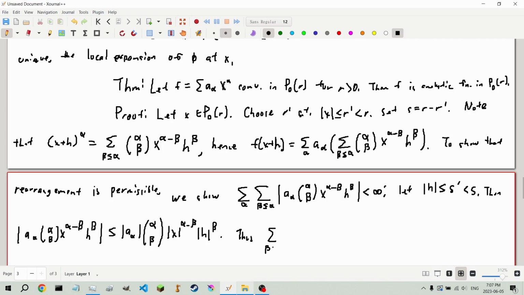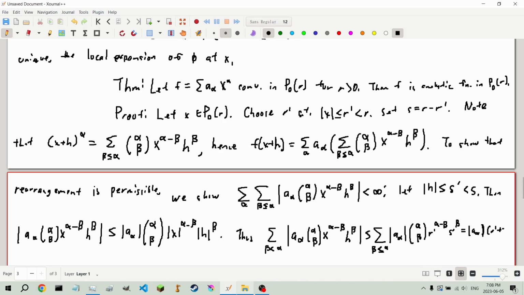Thus the sum for beta less than or equal to alpha is at most the sum of the size of a_alpha times alpha choose beta times r prime to the alpha minus beta times s prime to the beta, which is the norm of a_alpha times (r prime plus s prime) to the alpha.